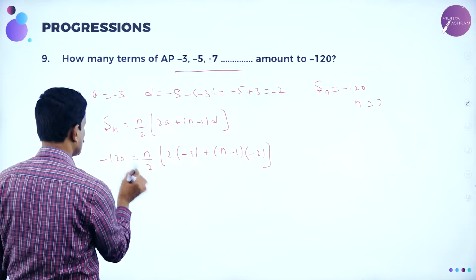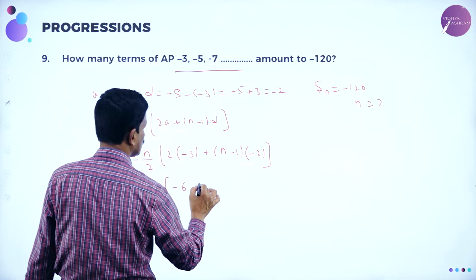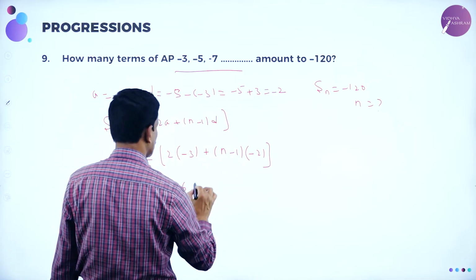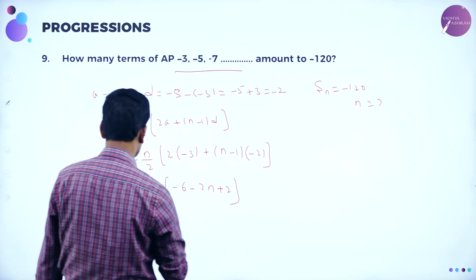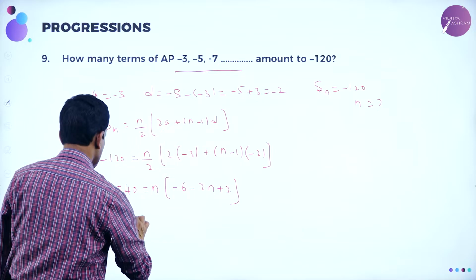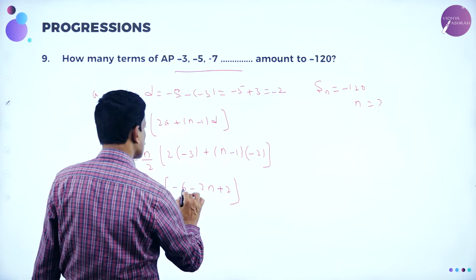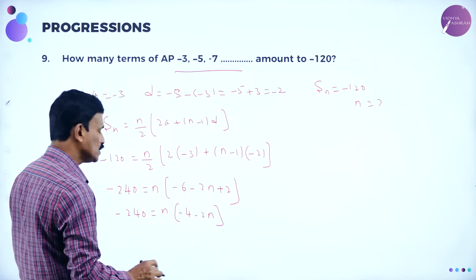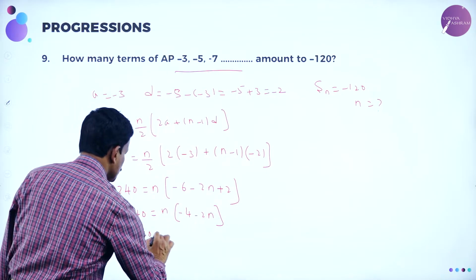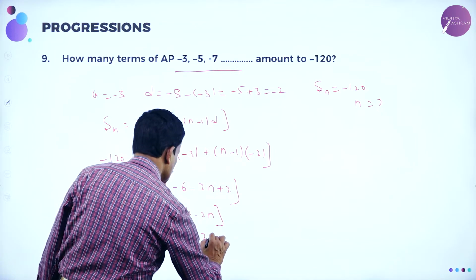So minus 240 is equal to n into minus 6 plus 2, which is minus 4, minus 2n. Multiply, and what will you get? Minus 240 is equal to minus 4n minus 2n square.